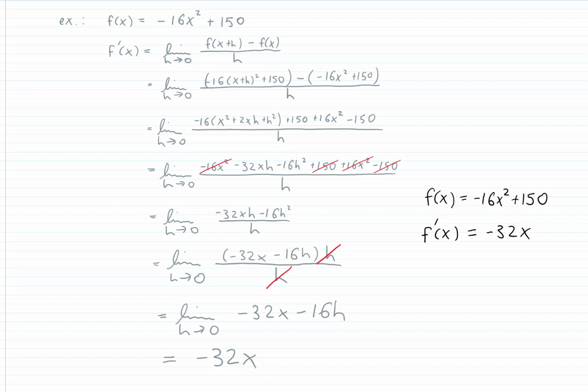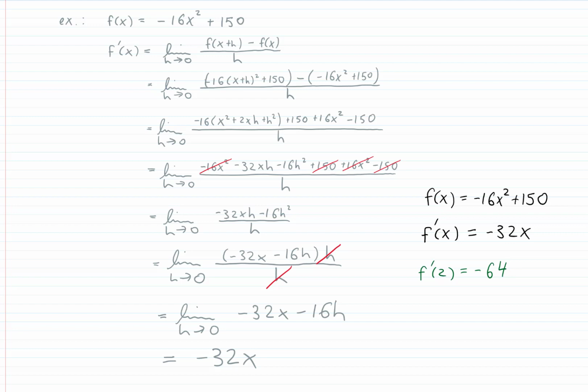So now if you wanted to find the instantaneous rate of change at 2, like we did earlier, now it's really easy. I can just say f prime of 2 equals negative 64, which we already knew because we did that problem before. But here's the beauty of it.